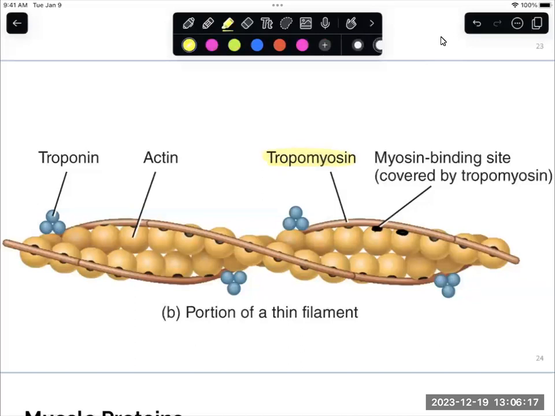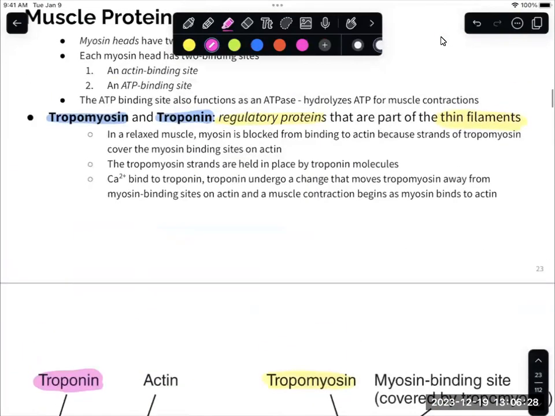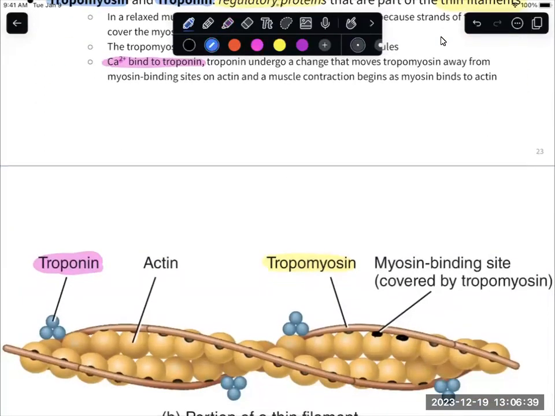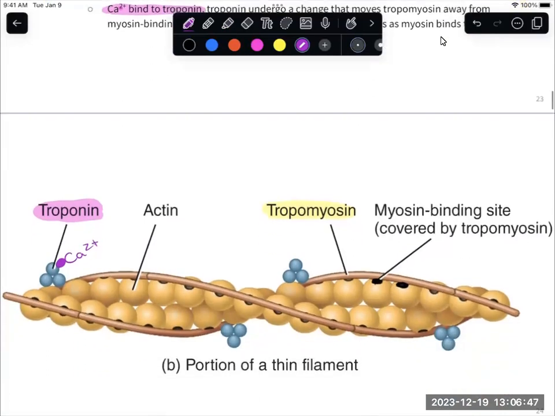We have our troponin that is attached to this tropomyosin. Calcium binds to that troponin. When calcium comes in, what it's going to do when this calcium binds to this troponin is it's going to move this tropomyosin out of the way so myosin can bind to that binding site.